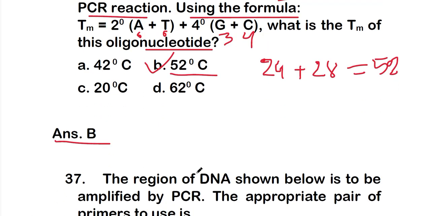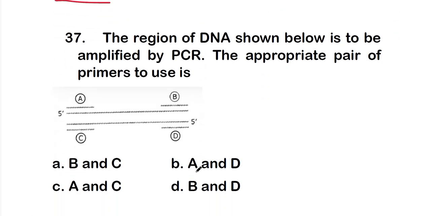Okay, so let's move on to question number 37. That is, the region of DNA shown below is to be amplified by PCR.